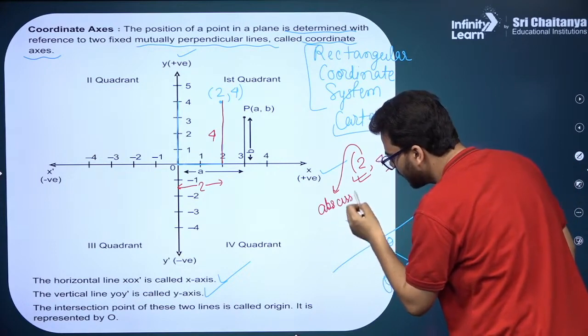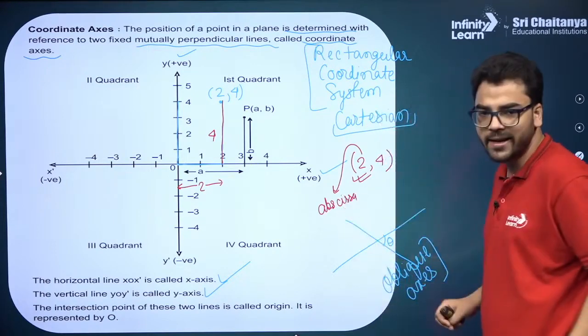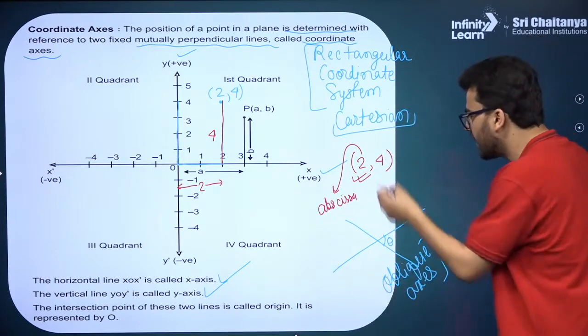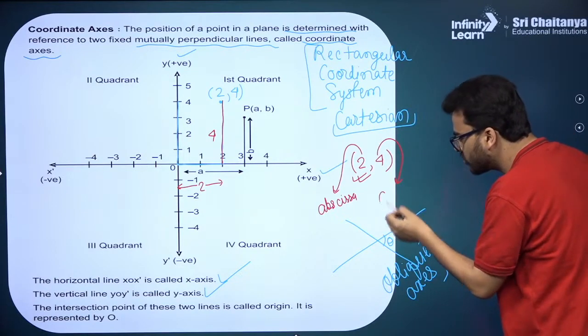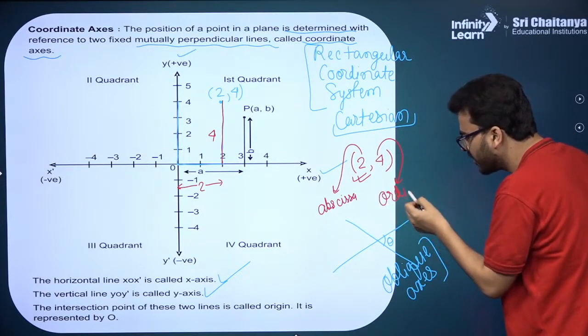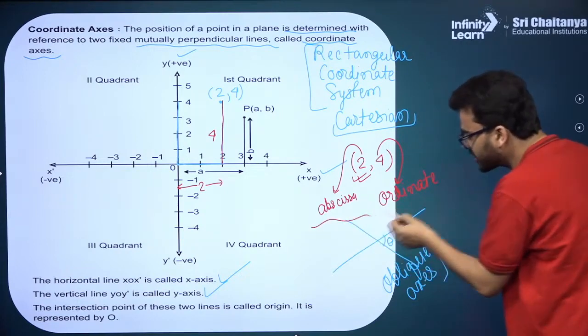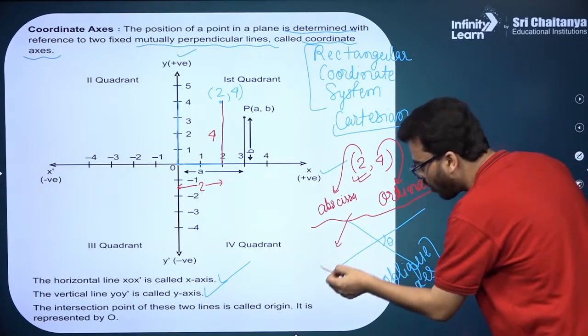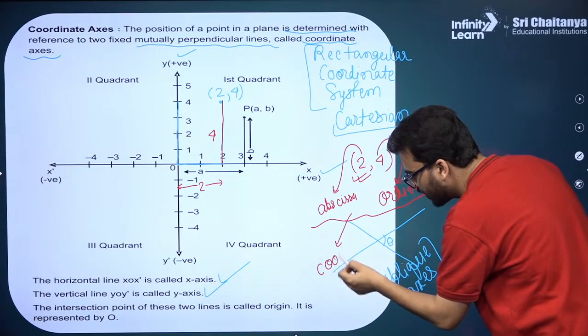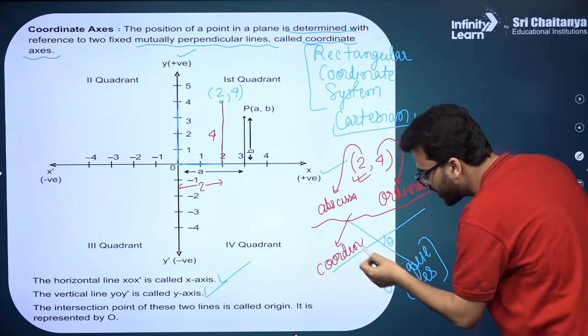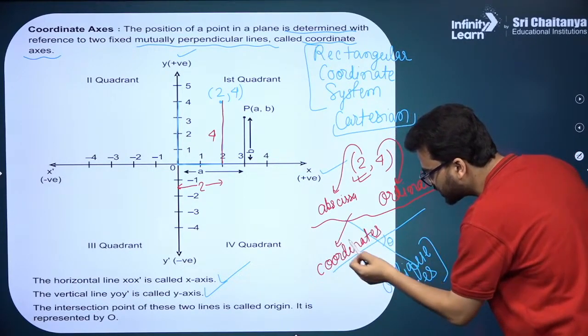So this is the x coordinate, that is known as the abscissa, and the y coordinate is known as the ordinate. Collectively they are known as the coordinates of this point.